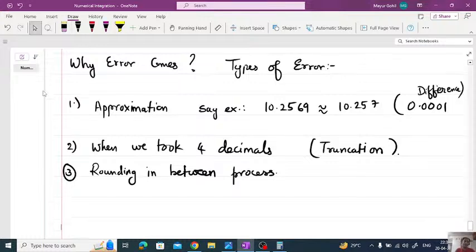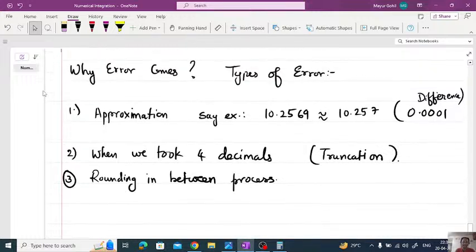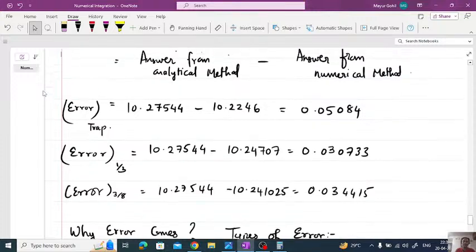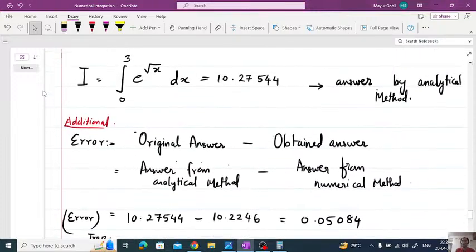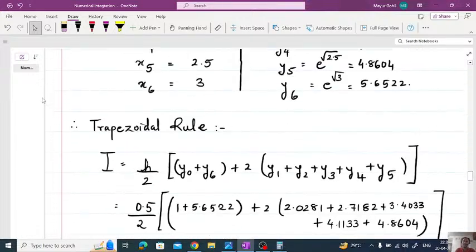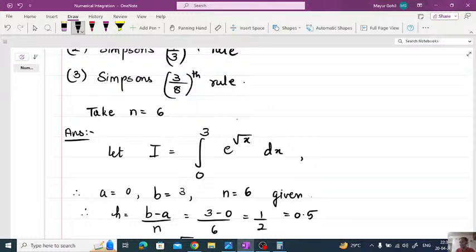Now I wanted to tell you one important thing apart from this. We took how many steps? n was 6. We took this question with n equal to 6.